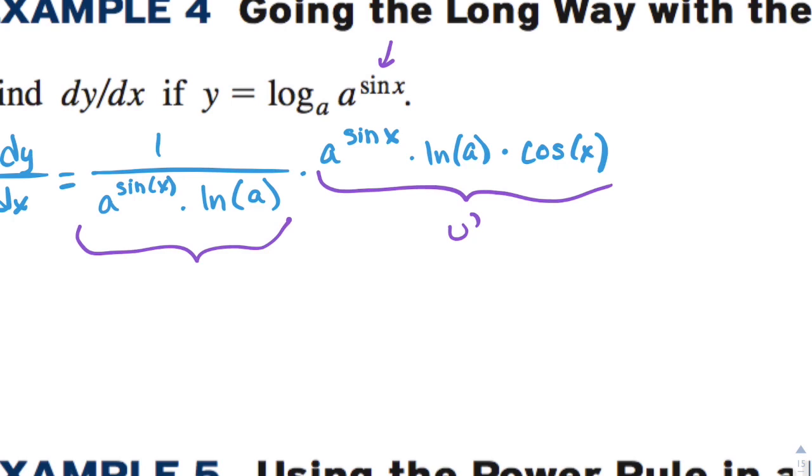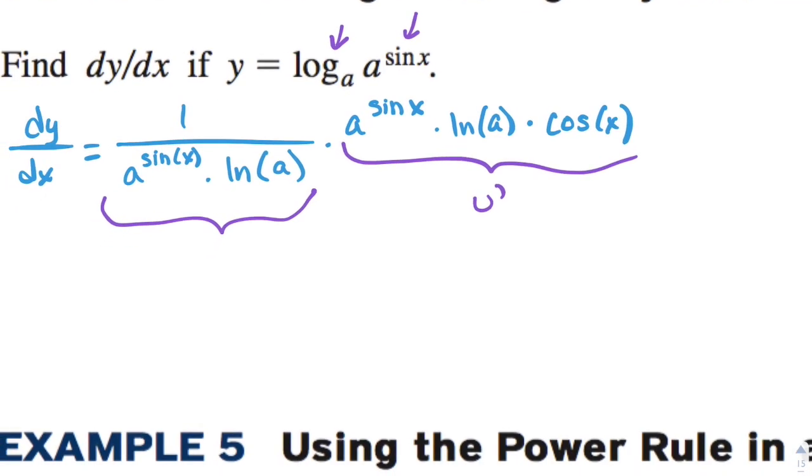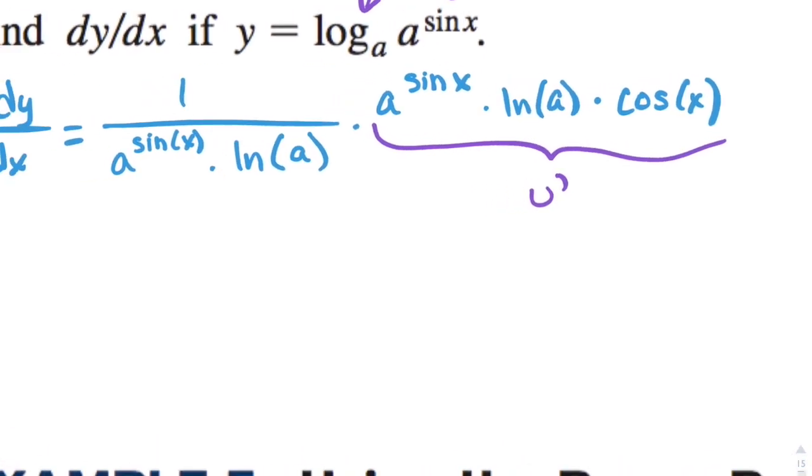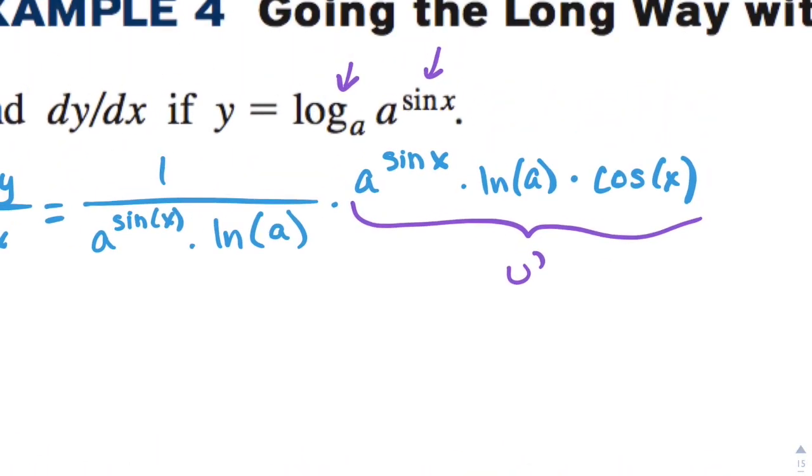So I'm deriving both an exponential that has chain rule and a logarithmic function all at the same time. So I have two things going on here. So I'll leave that label of u prime right there. U. I'll leave that one as u. That whole thing as u.